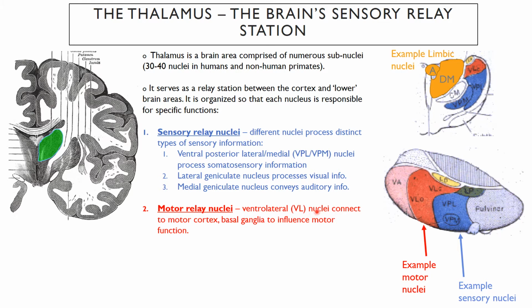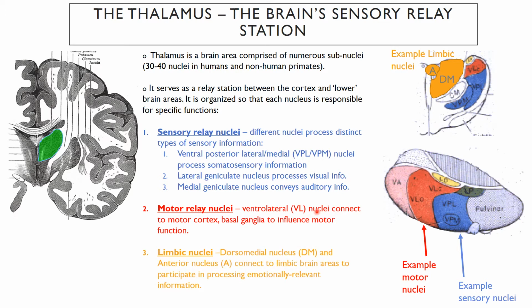We'll talk about those later when we talk about motor information. And then there are portions of the thalamus that are very important for processing emotionally relevant information. And we'll talk about that in a much later portion of the class. But today we're going to focus on the lateral geniculate nucleus. The thalamus is a very critical part of the brain.